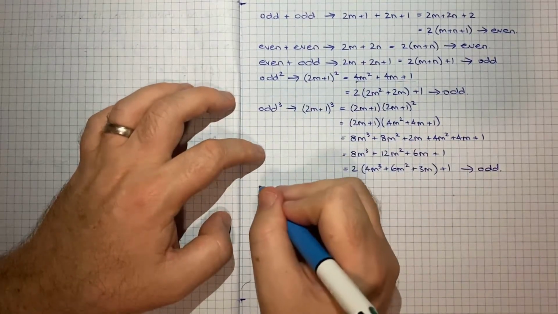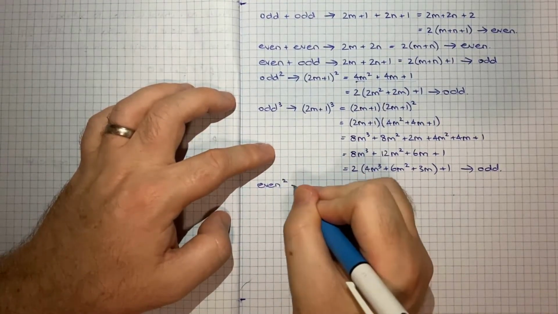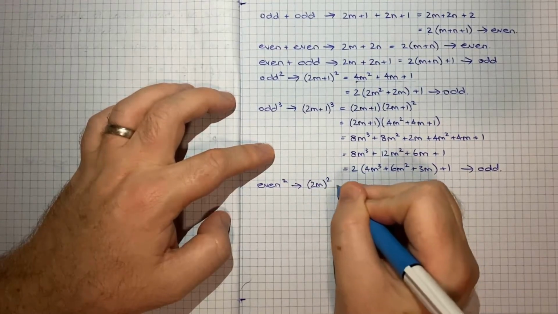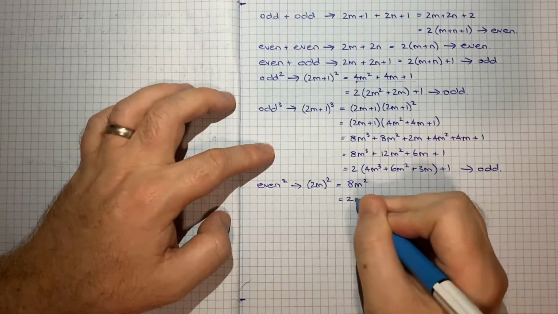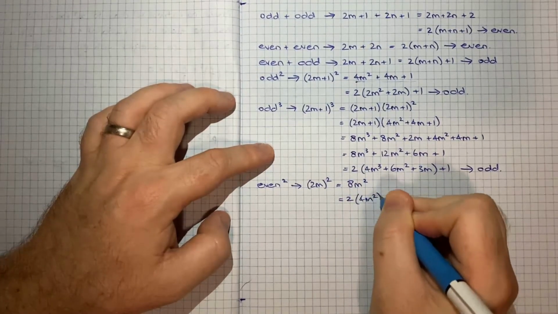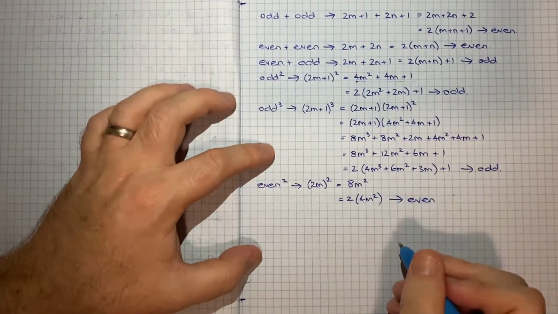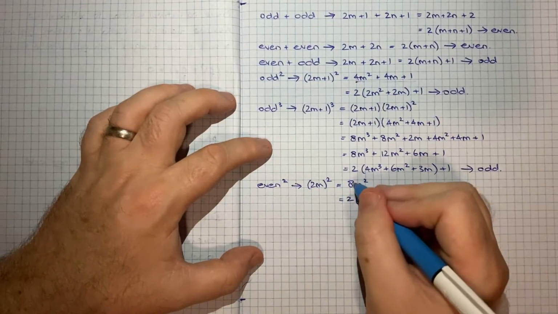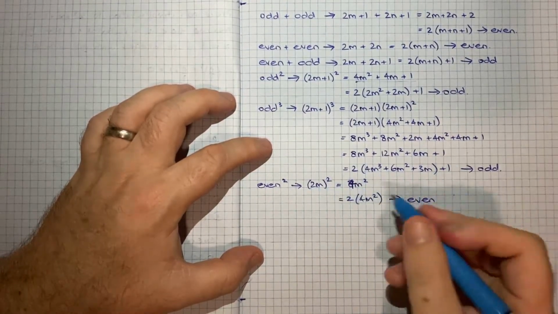Okay, so that's an odd squared and an odd cubed. Now we want to see what we get with an even number squared. That would be in the format (2m) squared, which would give us 4m squared. Sorry, 2 squared is 4, not 8.